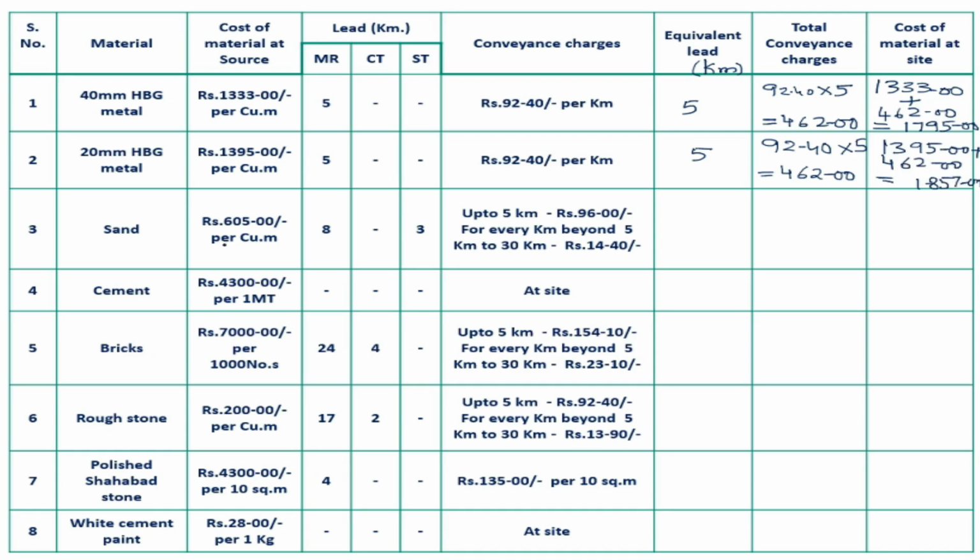Third one is sand. Its cost at source is 605 rupees, it is taken in metal road and also in a sandy track road. So for a sandy track, increase the lead by 40%.